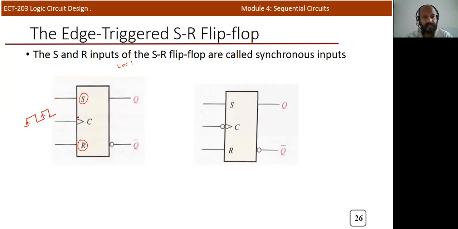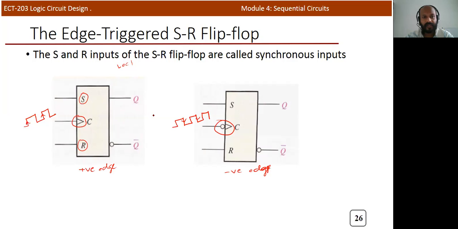The first one is indicated as a rising edge clock, and the second one is indicated as a falling edge clock. So the second flip-flop is known as the negative edge triggered flip-flop. This is a positive edge triggered, and this is a negative edge triggered flip-flop.